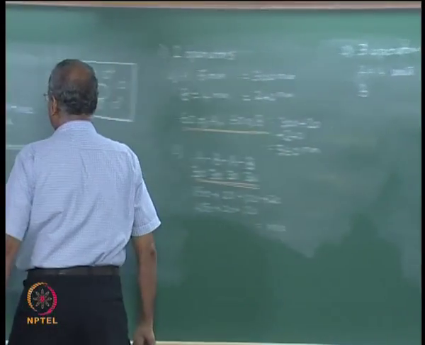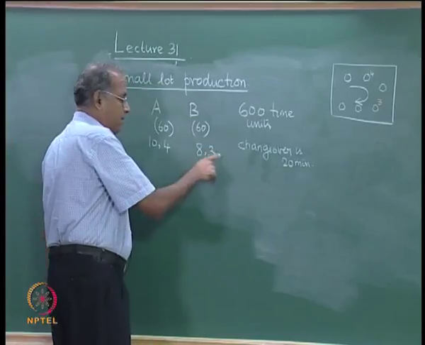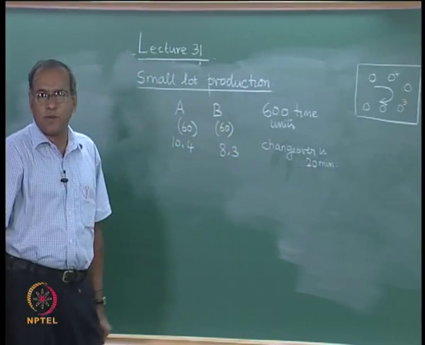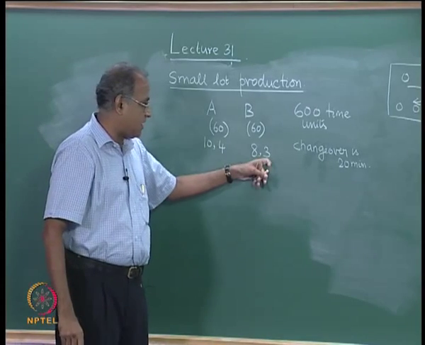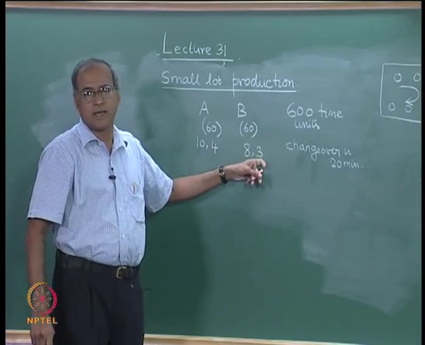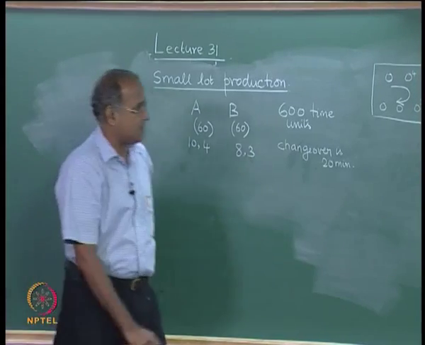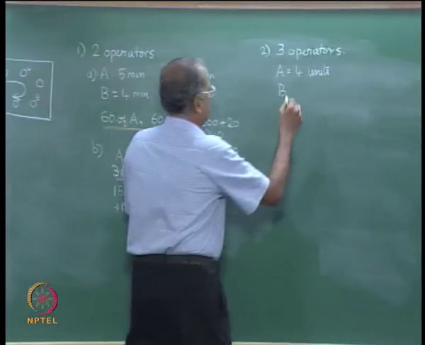Similarly, time taken to produce B, 8 by 3 operators, is 2.66, which is smaller than the bottleneck time 3, or the maximum time 3. Therefore, the time taken will be 3. So, B will be 3 minutes.